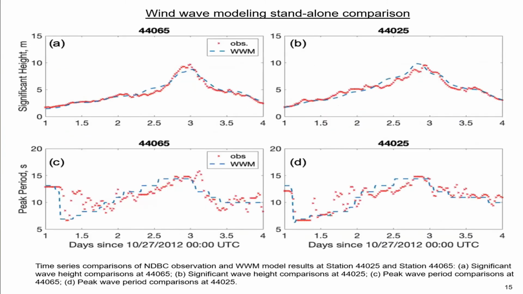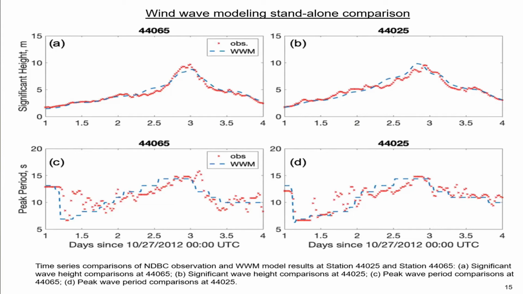And in terms of wind wave modeling, we are presenting the standalone comparison of significant wave height, and the bottom panel is peak period. The significant wave heights go up to close to 10 meters during the event, and the peak period is somewhere between 10 seconds to 15 seconds.